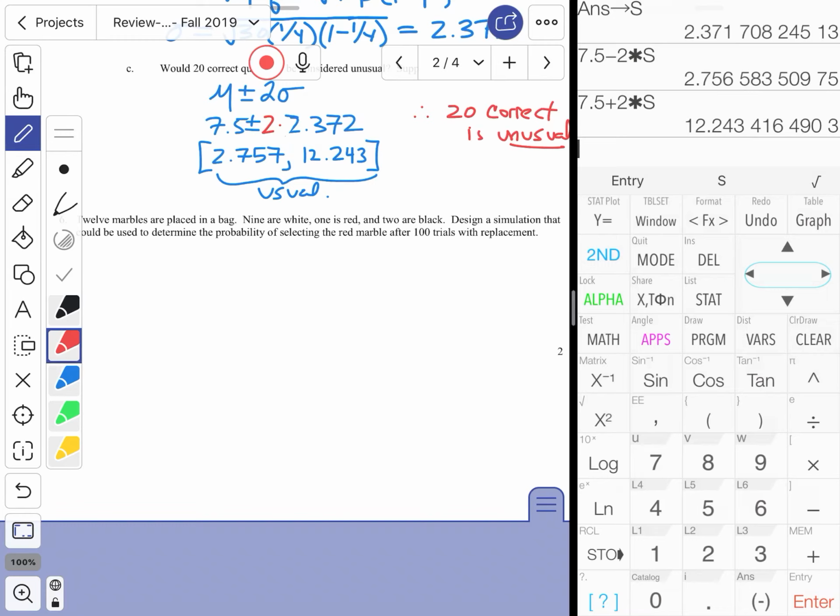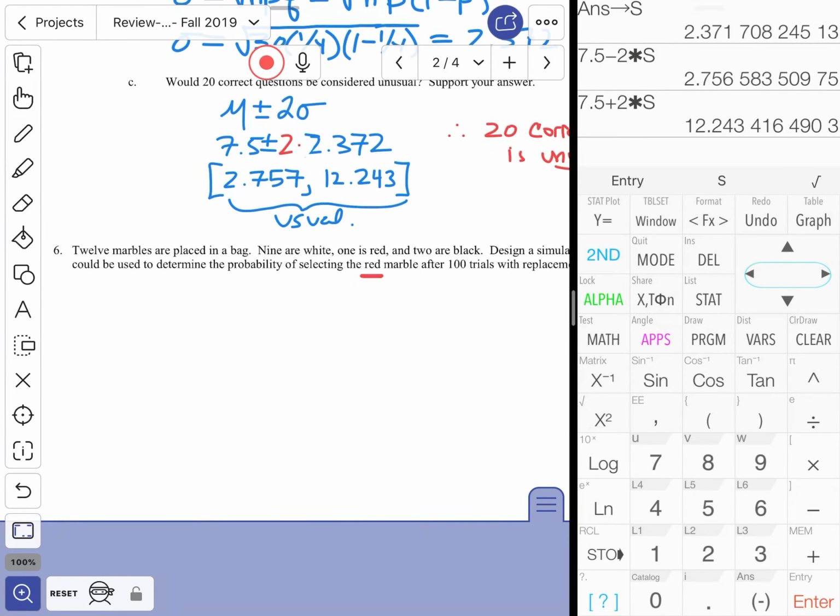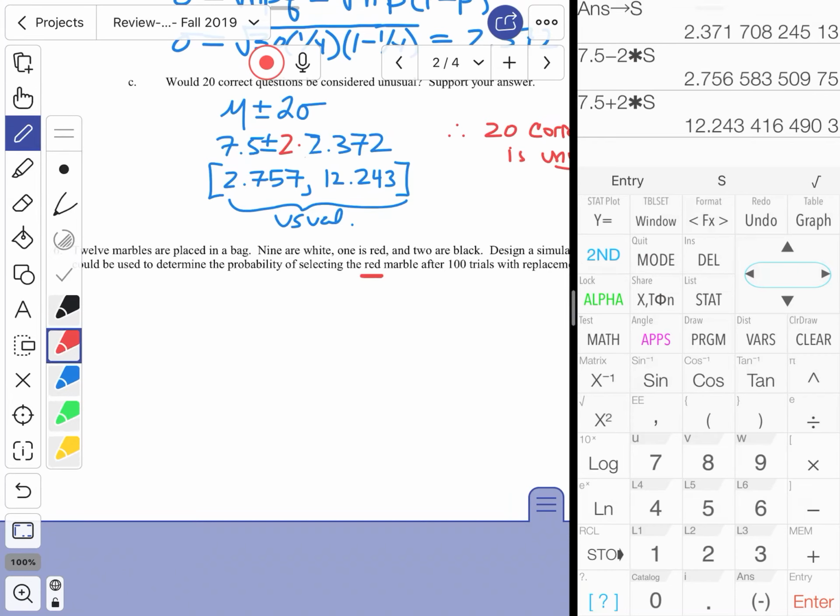So the red marble. Well, we have 1 marble that's red, and we have 12 marbles overall. So what we can do is I'm going to use 0. Oh, you know what? I'll use 1. Let 1 equal the red marble. We have 9 that are white and 2 that are black.